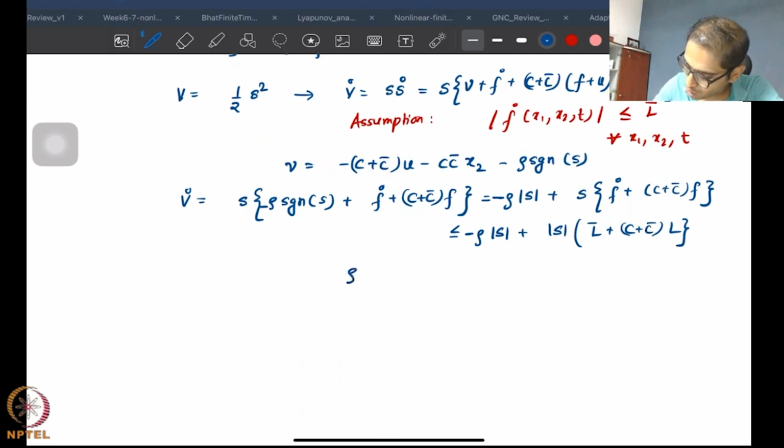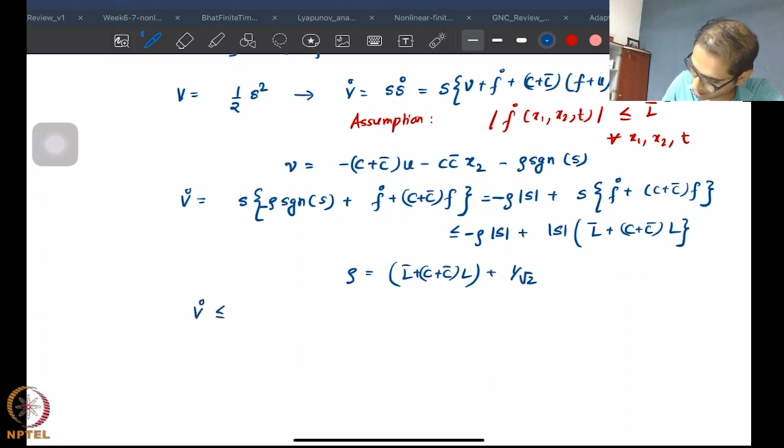I will choose rho to be equal to L bar plus C bar times L, and I will add a factor, something like plus 1 over root 2. So this will give me V dot less than or equal to minus 1 over root 2 absolute value of S, which is actually equal to minus V to the power half.